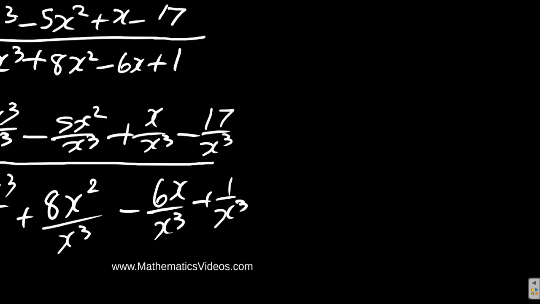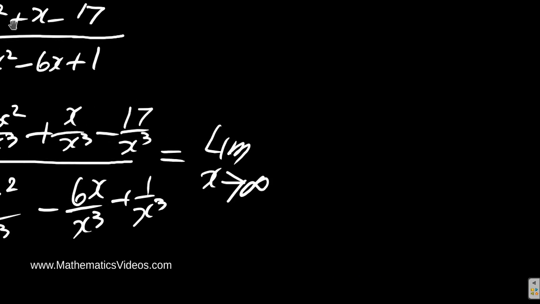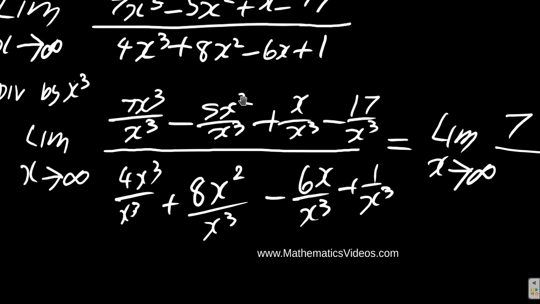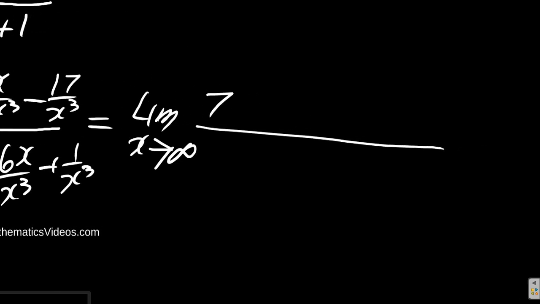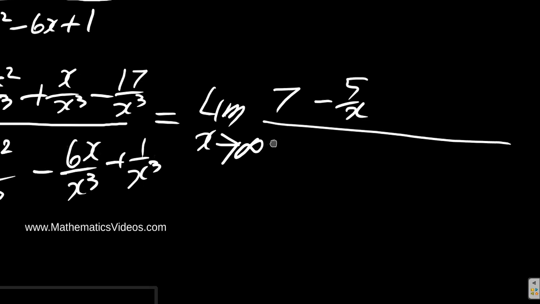So let's simplify. That's equal to the limit as x tends to infinity of 7x cubed over x cubed, which is just 7, minus 5x squared over x cubed, which is the same as 5 over x, plus x over x cubed, the same as 1 over x squared, right?